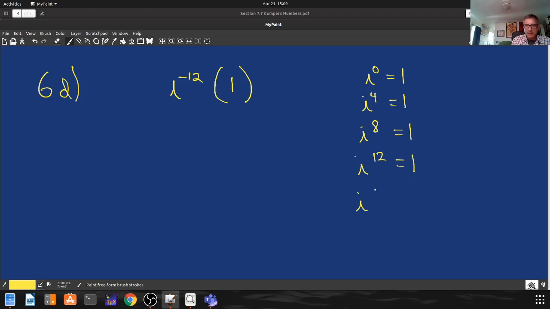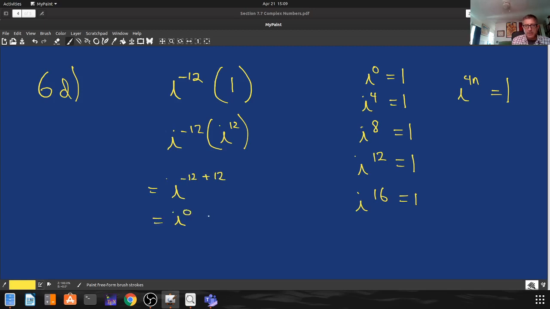And I to the 16th is equal to 1. In other words, I to the 4 times any natural number n is equal to 1. So I'm going to multiply this times I to the 12th. I have to choose one of these powers because it has to be equal to 1. And then the familiar rule of adding exponents comes into play. So that's equal to I to the 0th power, which is equal to 1. So that was not so bad.